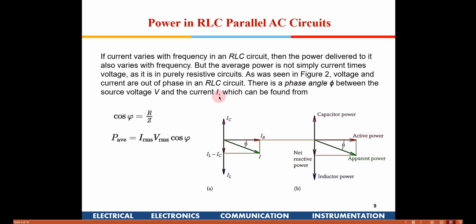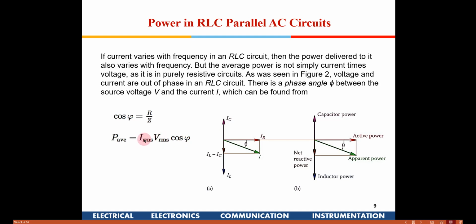Now, if you want to compute the power in RLC circuits, again for power, this is the standard equation which we saw in all the AC circuits. That is going to remain the same here. That is the voltage taken from the source, VRMS, into IRMS.